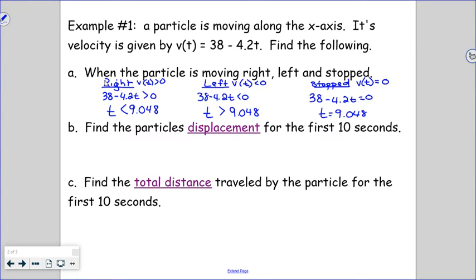Any thoughts? Time can't be negative, right? So where would time end up being negative? When it's less than 9.048, so we need to stop it on the other end, right? So this is going to move right between 0 and 9.048.